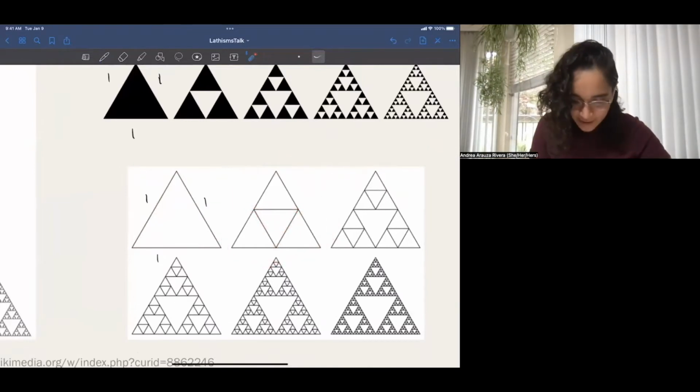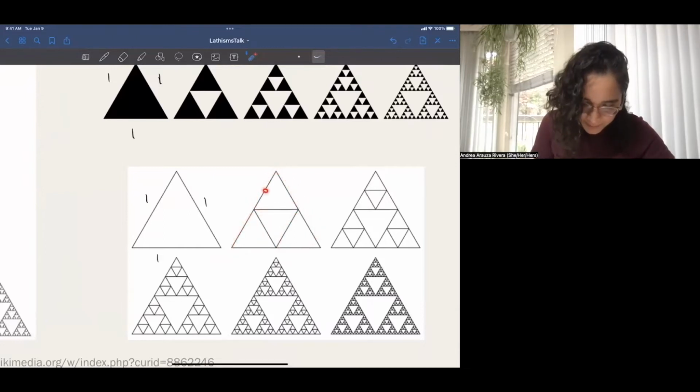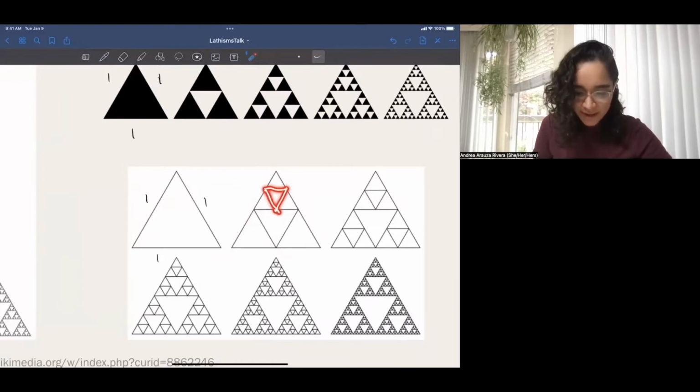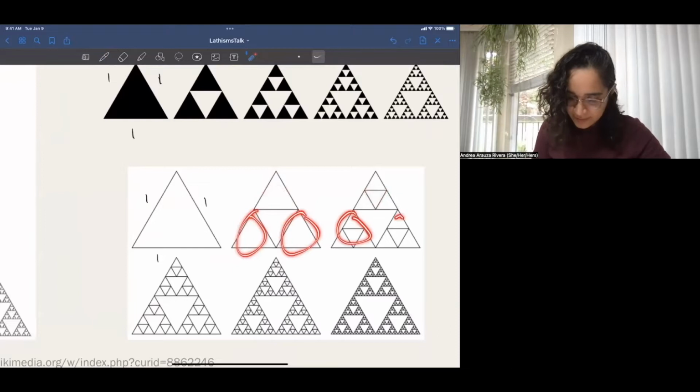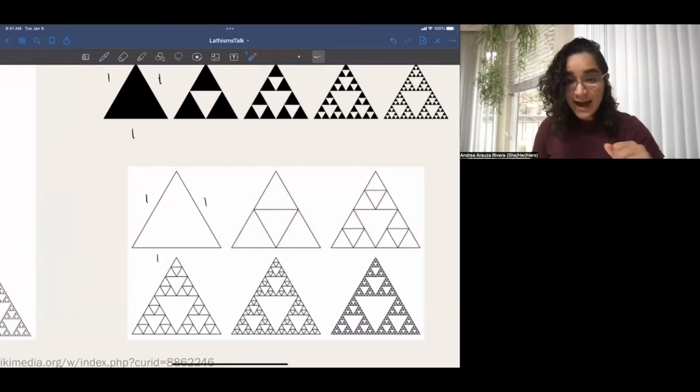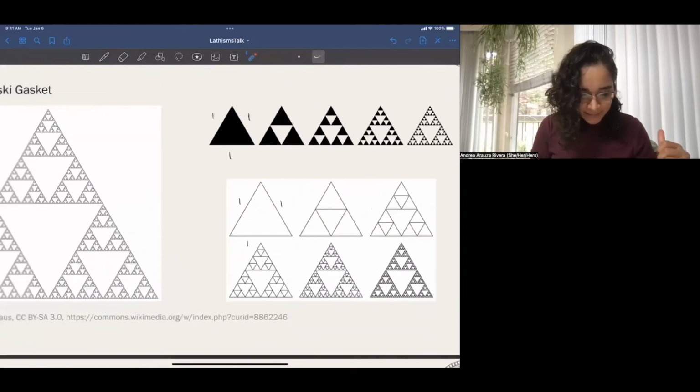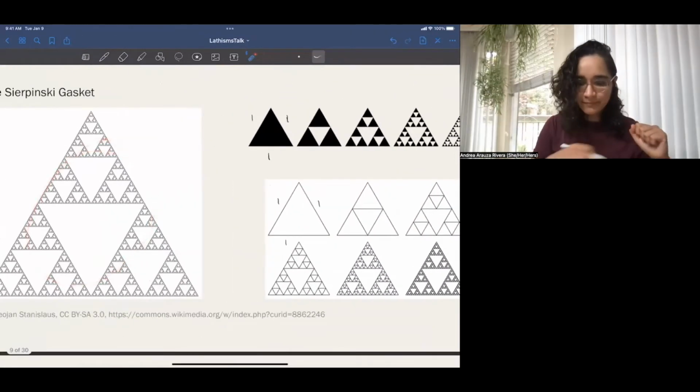I do the same thing, right? So for this triangle, this triangle, this triangle, I plop a dot in each of the midpoints, connect them with a triangle, and add those edges into my shape. And I do that for each one of these triangles. Again, I iterate this process over and over and over again, and I get something that looks like the Sierpinski gasket.